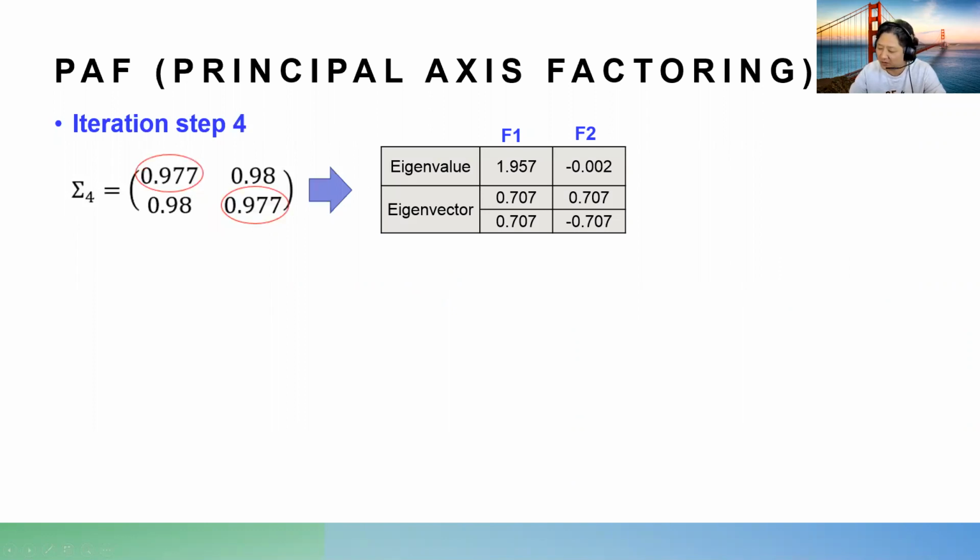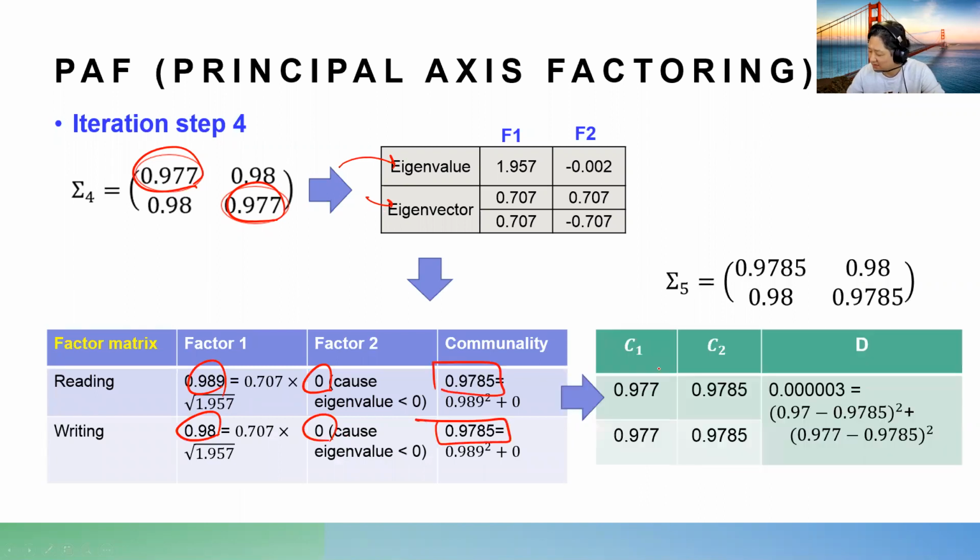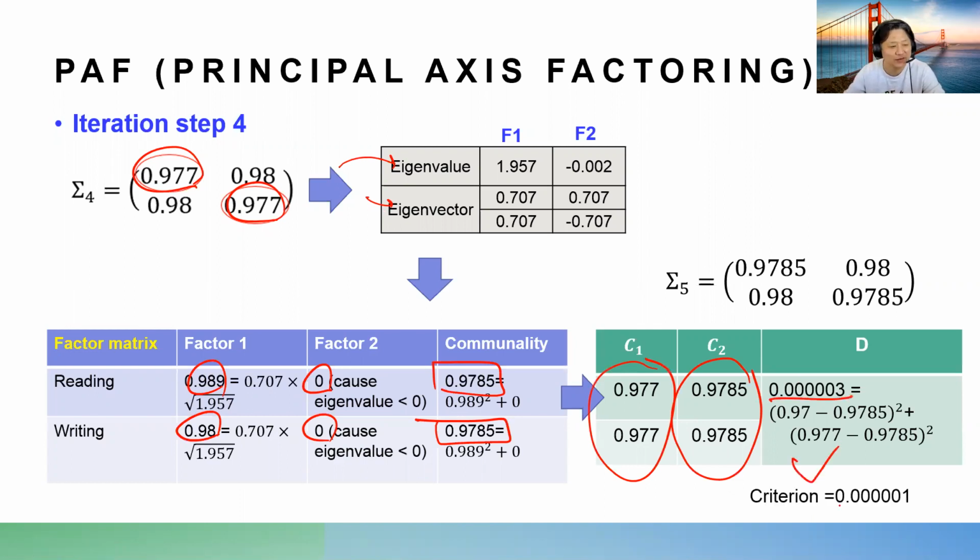Our communality is updated again. Compute the eigenvalue, eigenvector, and factor loading, and get the communality. This is our previous communality and the updated communality, and then get the difference. This value is still greater than our criterion, so we'll repeat one more time.